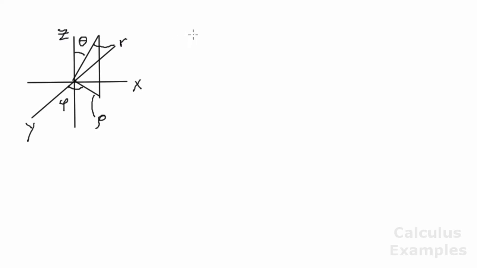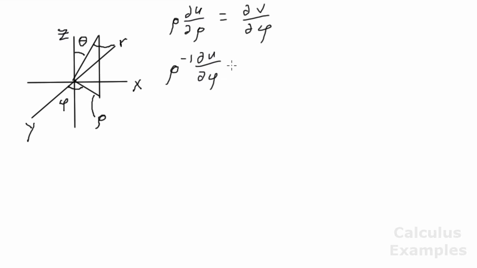So let's start. The Cauchy-Riemann conditions in polar, I'll remind you, were rho times the partial of u with respect to rho equals the partial of v with respect to phi, and rho to the negative 1 times the partial of u with respect to phi equals the negative partial of v with respect to rho.